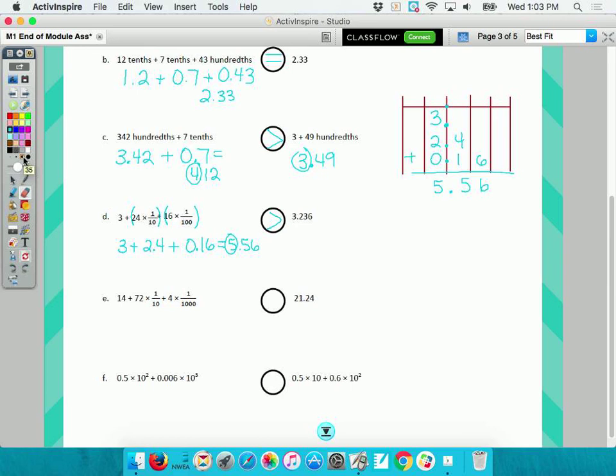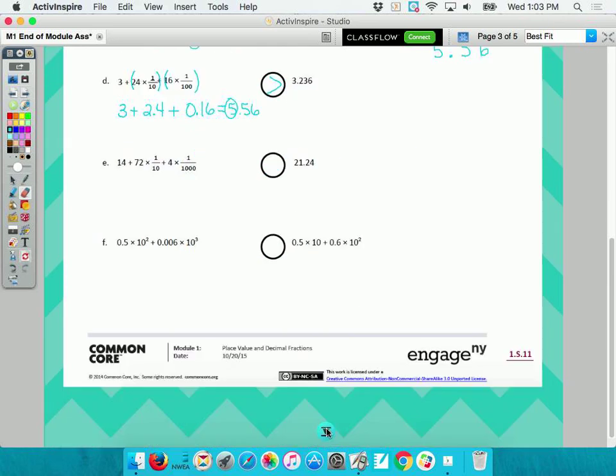Okay, take a look at the next one. So this looks like expanded form to me. I've got 14 ones, right? And then my parentheses need to be here, because this is tenths and thousandths. So no hundreds.